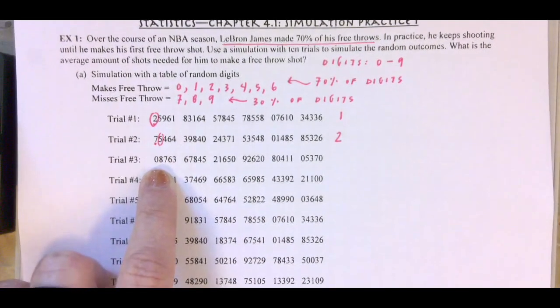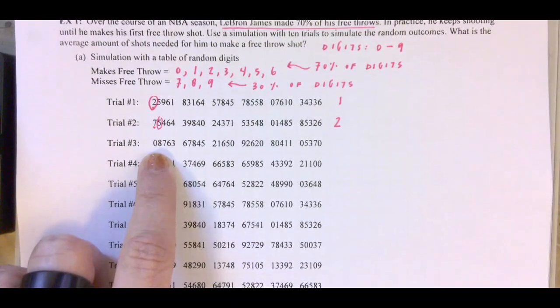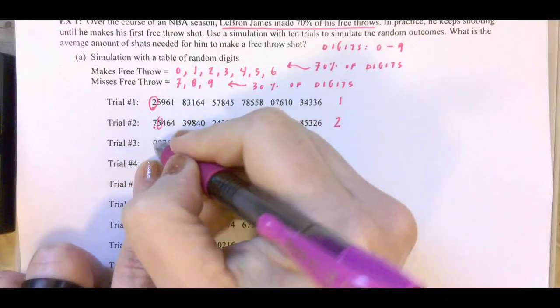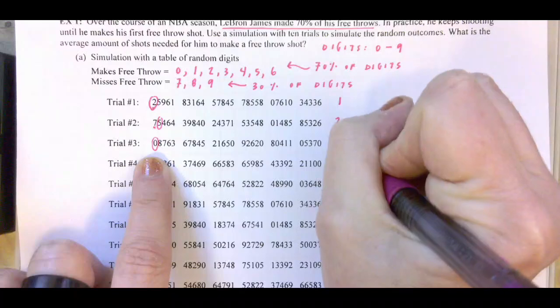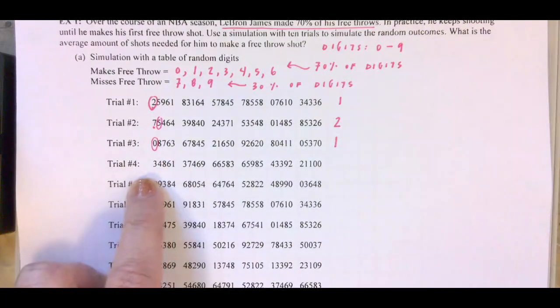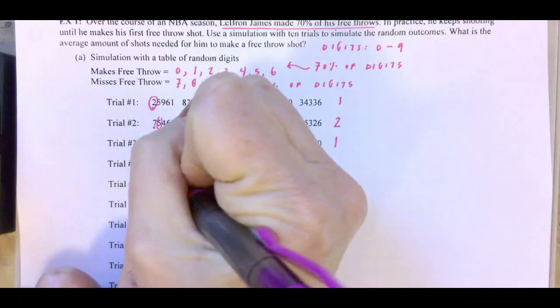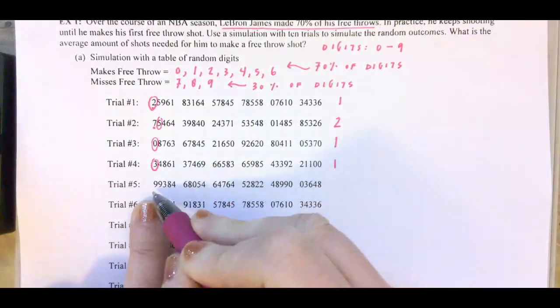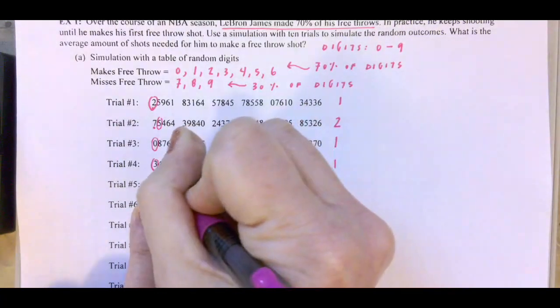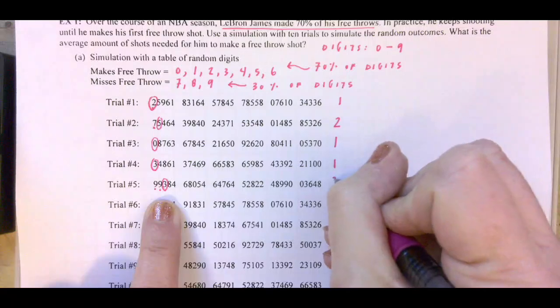Keep moving on down. Let me slide to here. So trial 3. Ooh, a 0. He made it. He made it on the first try. Took 1 try to make that shot. Trial 4, again, made it on the first try. Trial 5. He missed. Oh, but he made it on the 3rd try.